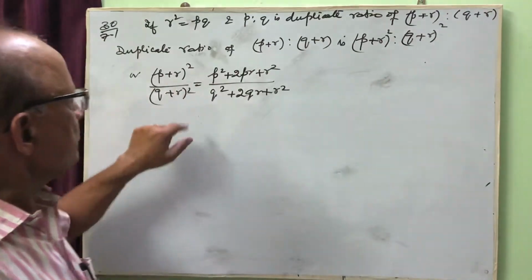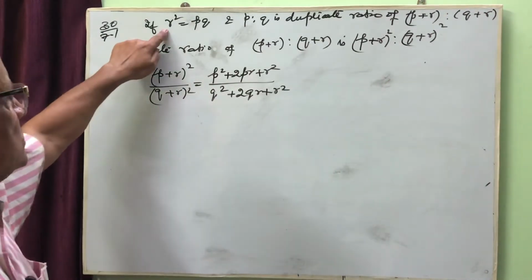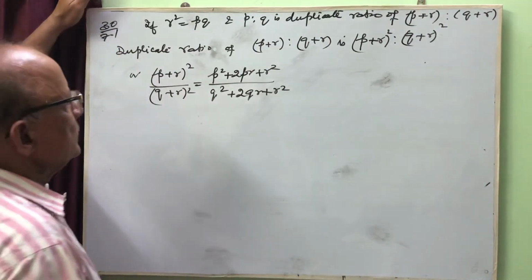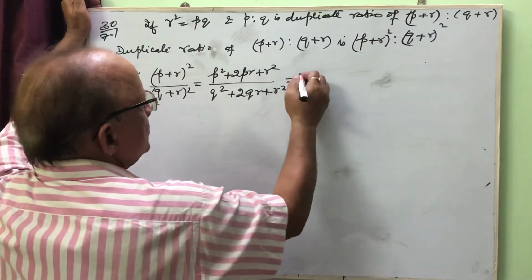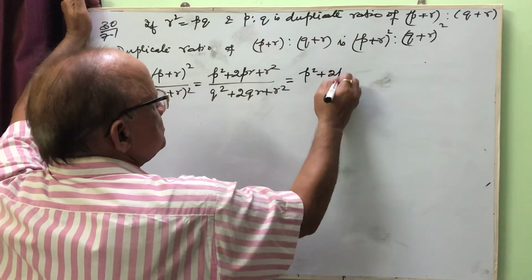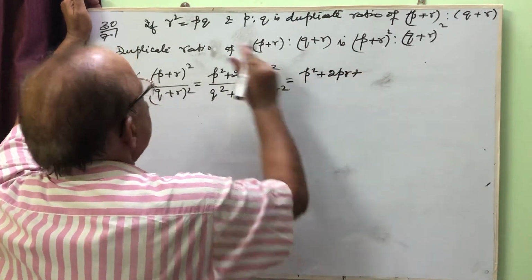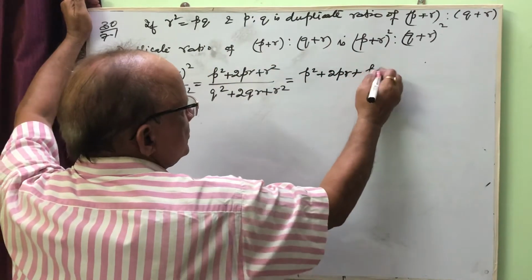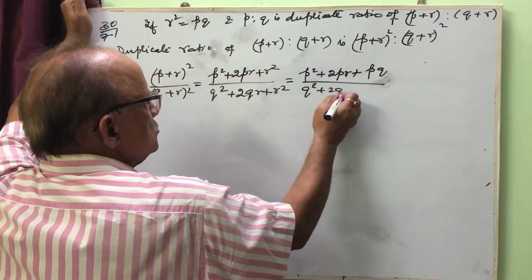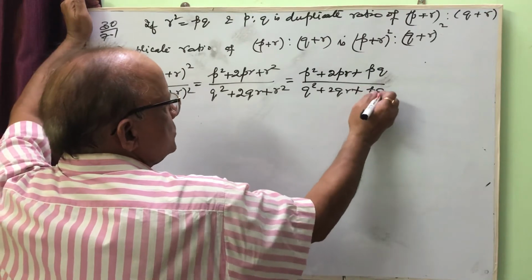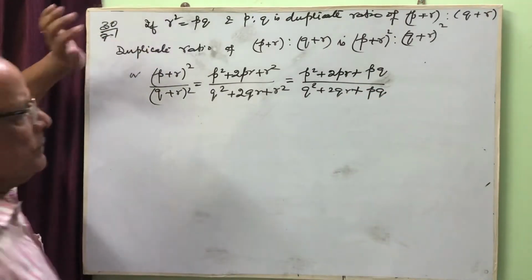Ratio means division, but it is given that r square is equal to pq. Now use this property. P square plus twice pr, r square equal to pq, it is given. Q square plus twice qr, r square equal to pq. I am using this, which is given.